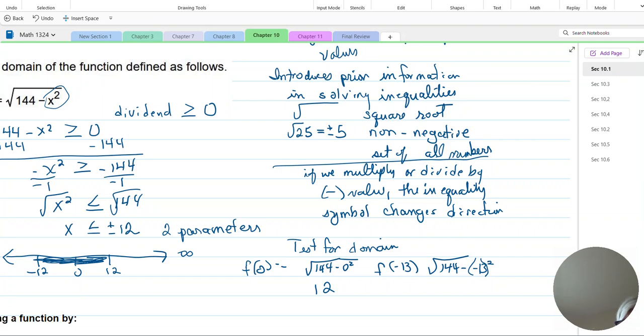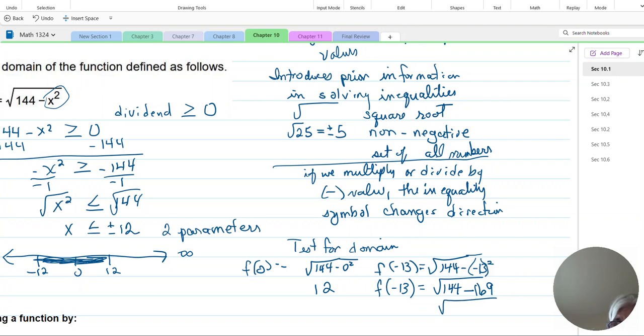We know we square anything, it's a positive. So f of negative 13 is equal to the square root of 144 minus 169.